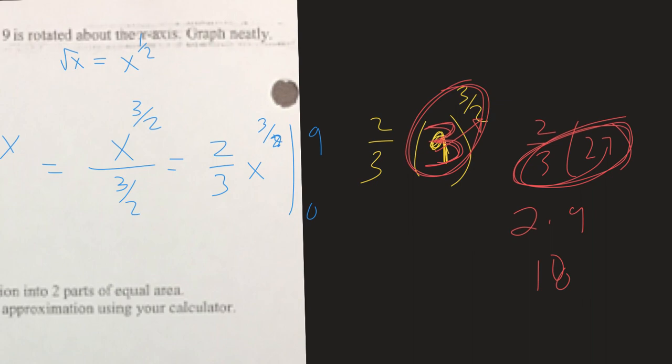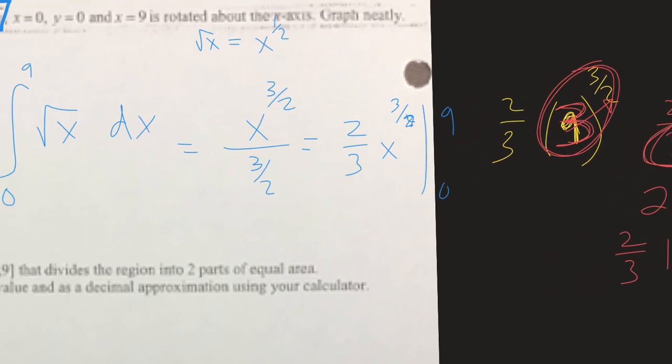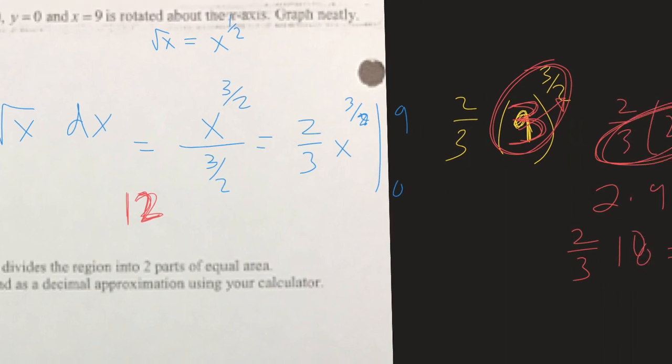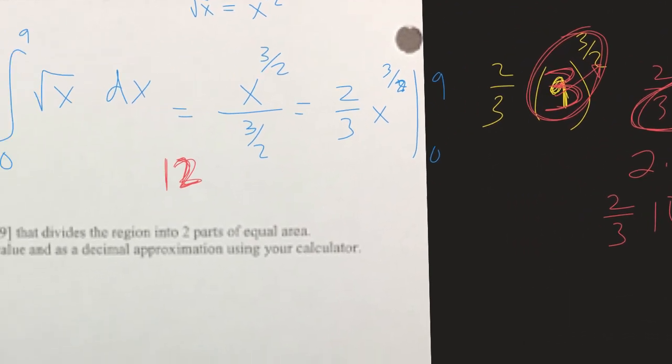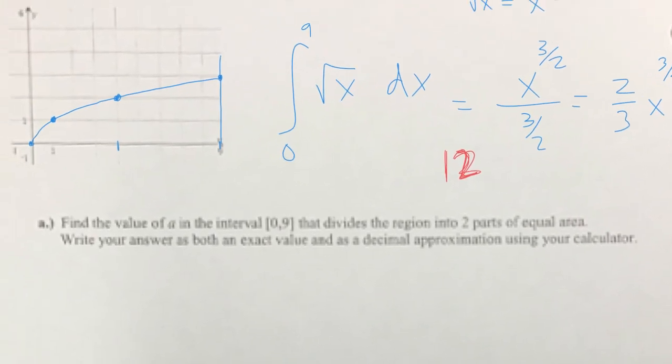Then 2/3 of 18, I believe, is 12. So the area of this thing is 12. All that wonderful simplification of this problem.